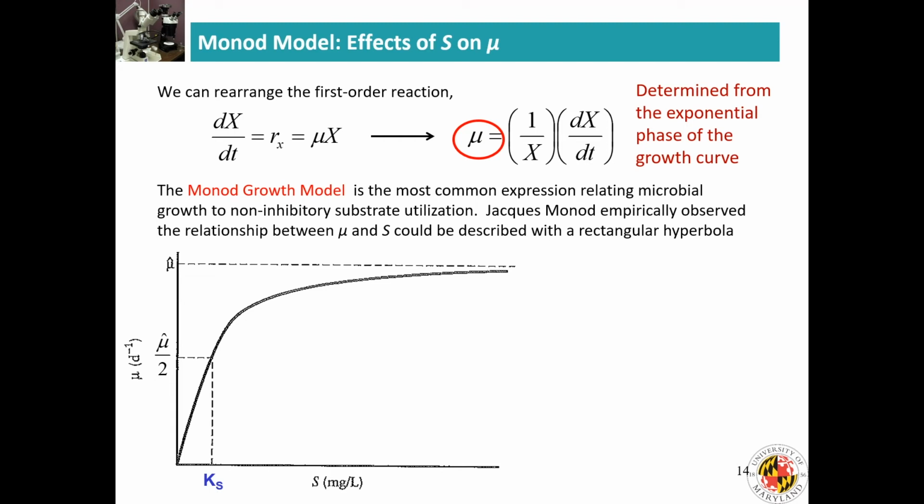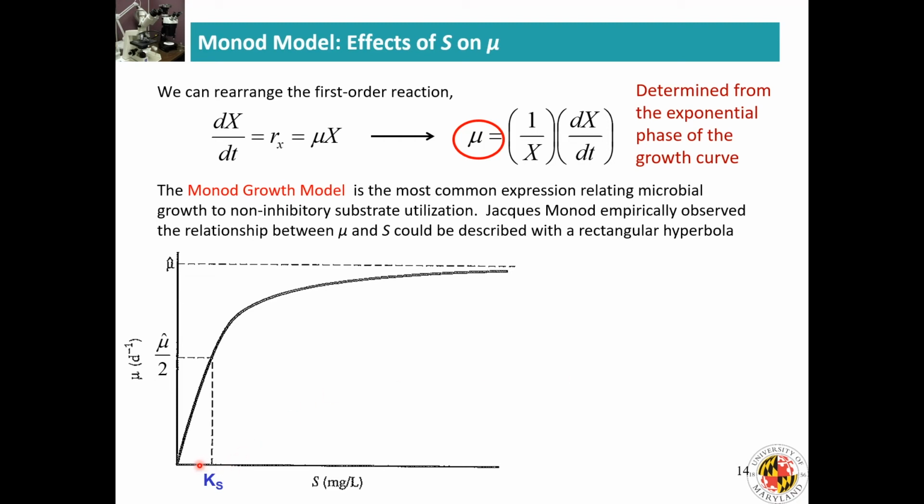So as you can see, at some point in the graph we reach a plateau, meaning that no matter how much substrate you add to the system, the specific growth rate is not going to get higher. So that is the maximum specific growth rate.